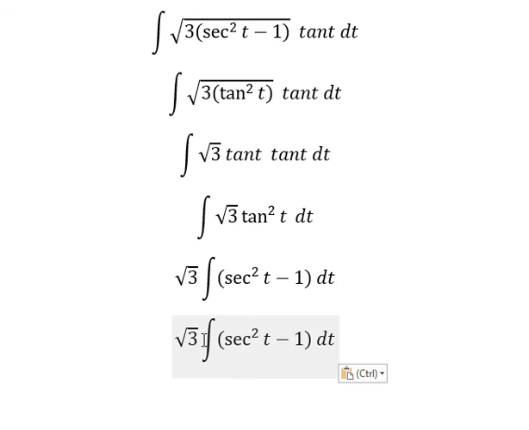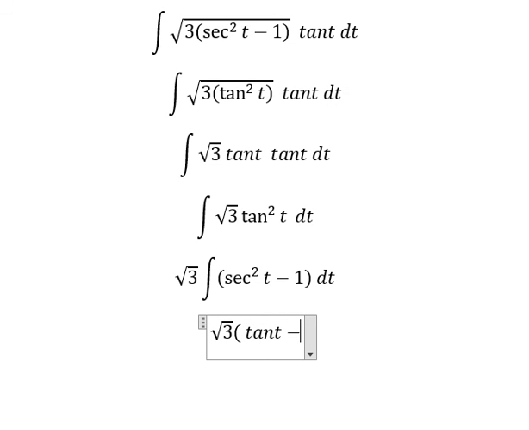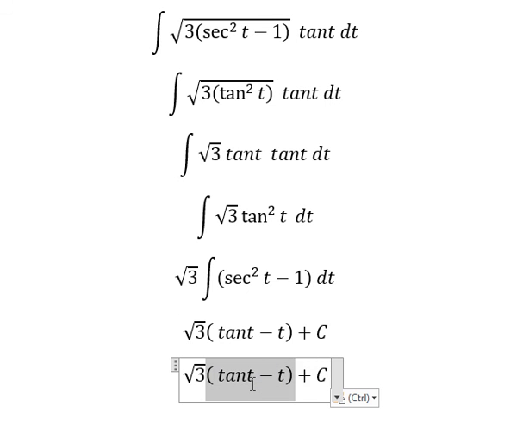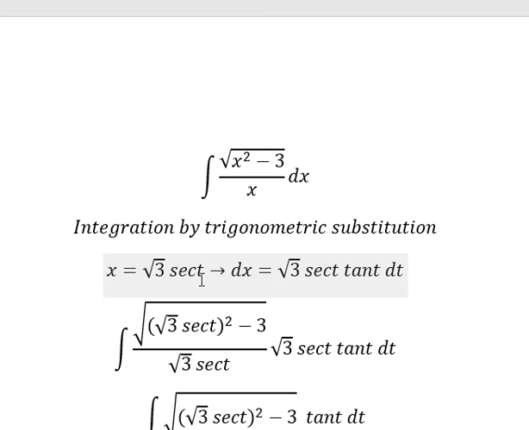The integration of secant t squared gives tan t. Number 1 gives t. And we put c. About t, that is about this one. So we need to divide both sides by the square root of 3.